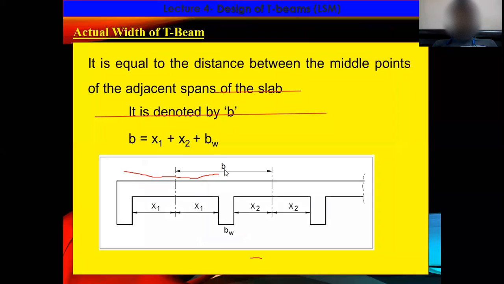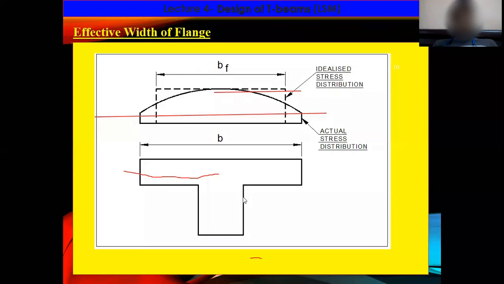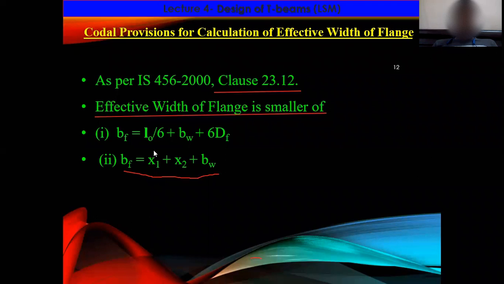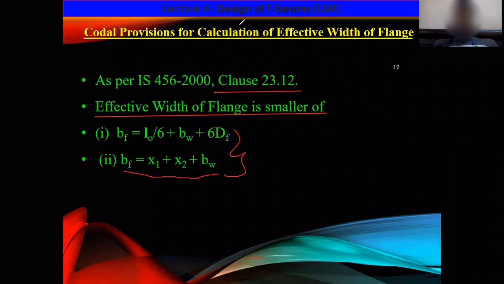Coming to here, this is your continuous cross section. So x1 plus x2 plus bw is one width, and another one is L0 by 6 plus bw plus 6 Df. Whichever you get as the lesser value can be treated as your effective width of the flange, right?